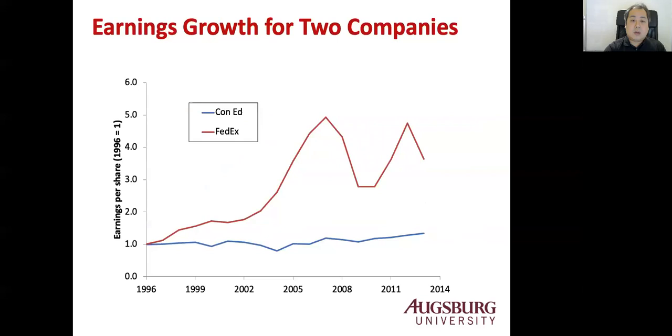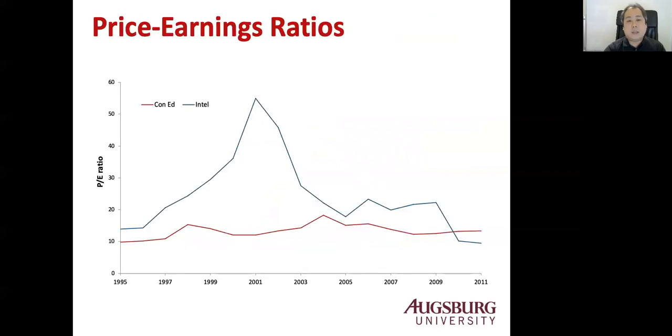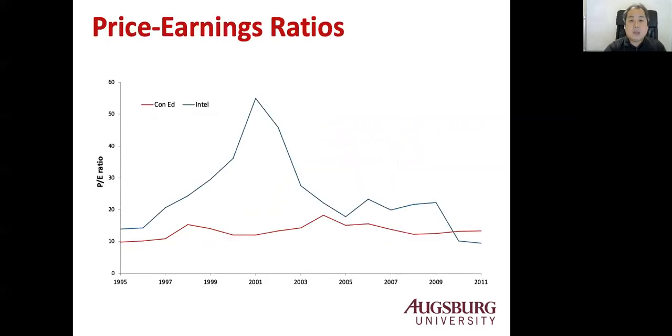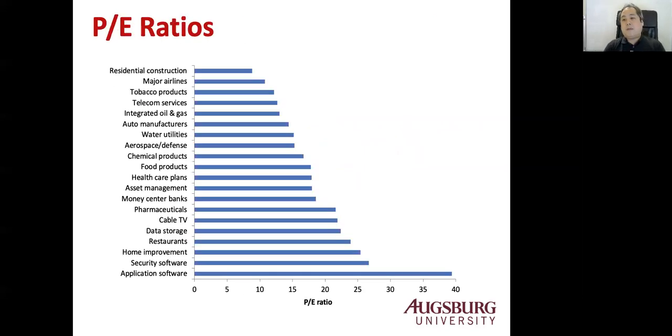Because Conad's earnings are relatively stable, its PE ratio is stable, but Intel's is very fluctuating, and FedEx is also fluctuating. So the PE ratio may be different by industry too. You have to compare with your industry average. Residential construction and major airlines have quite low PE ratios, compared to security software and application software, whose PE ratios are quite high.